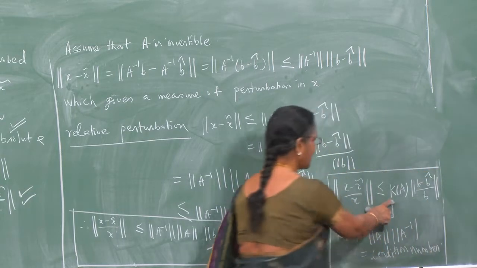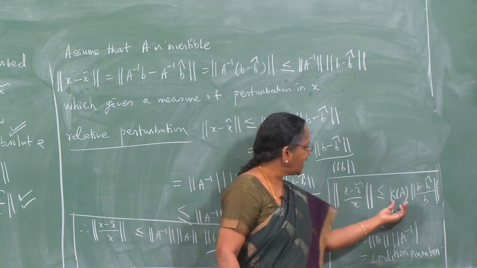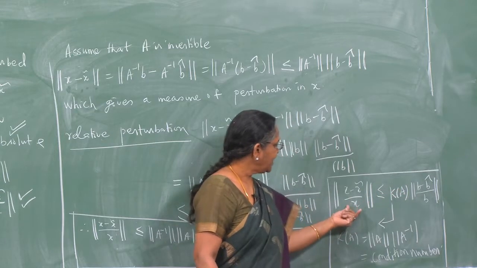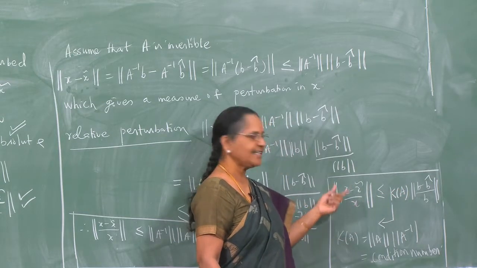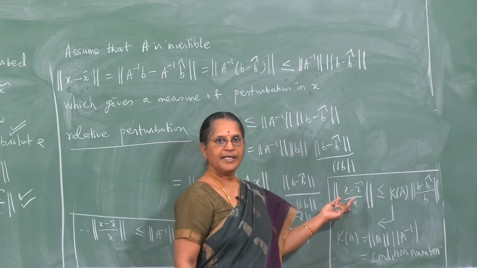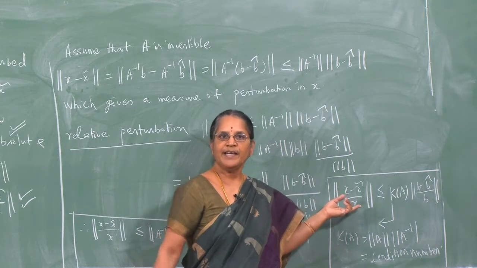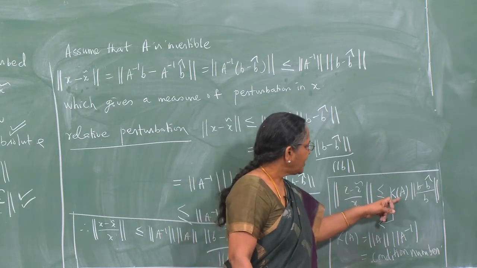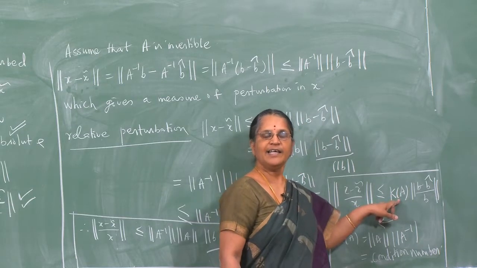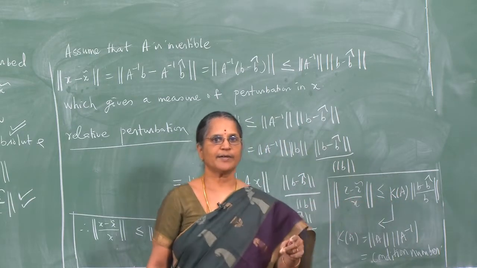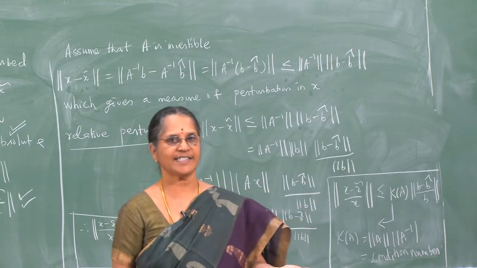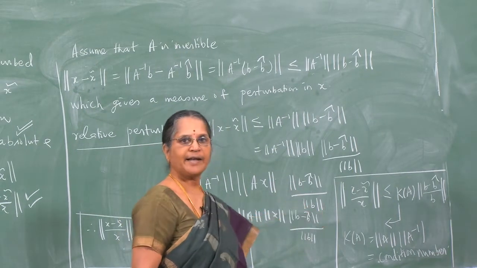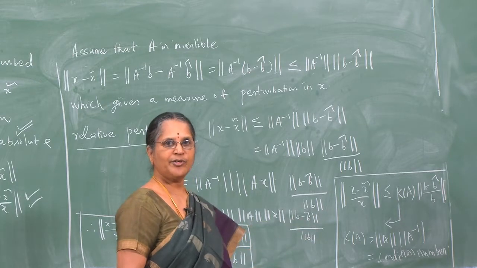You observe from this result that if the condition number is very large, then the relative change in x is going to be very large, in which case the system will be an ill conditioned system. So, we can immediately conclude about whether the system is an ill conditioned system or a well conditioned system by computing the condition number and looking at its magnitude.